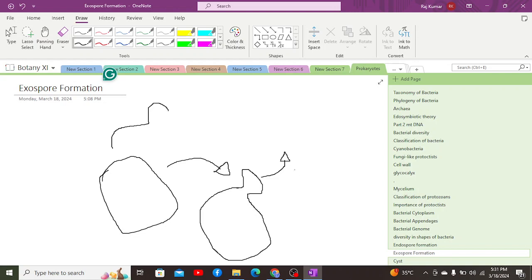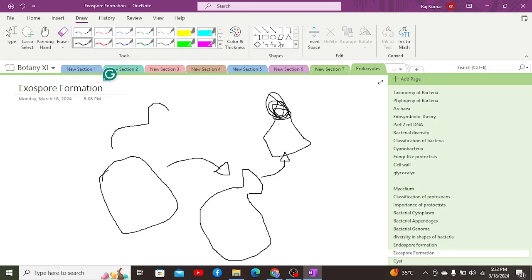Now, upon the arrival of the unfavorable circumstances, that outgrowth exospore will cause the lysis of the rest of the cell, the same process which occurred in endospore, such that the outgrowth is formed outside the cell. The structure is a bit messy, but you can better understand it.